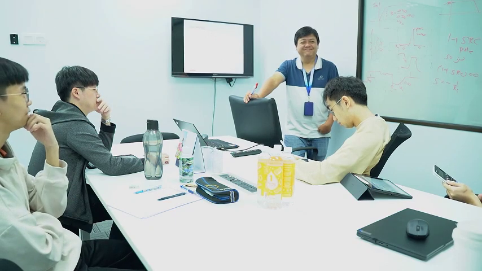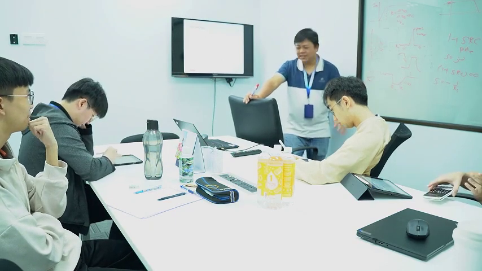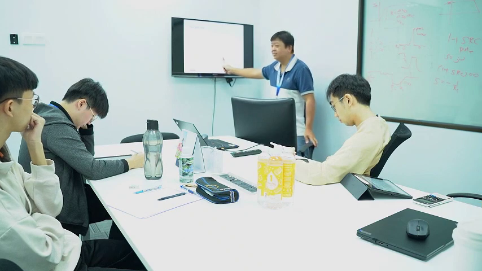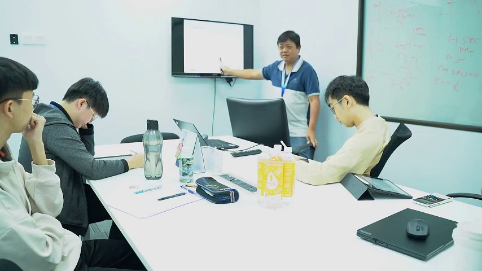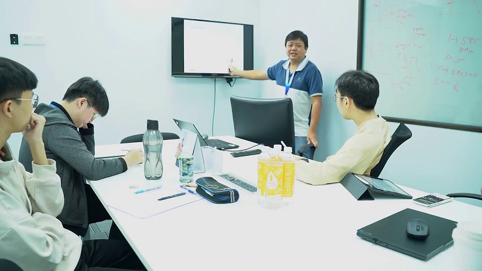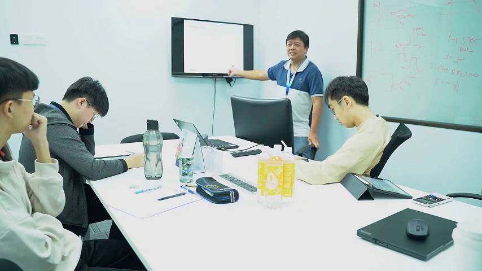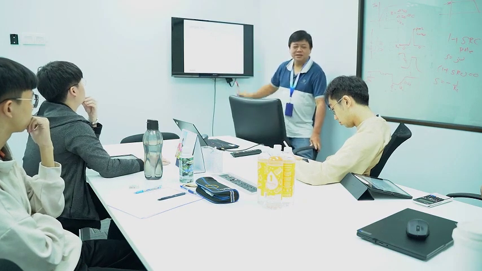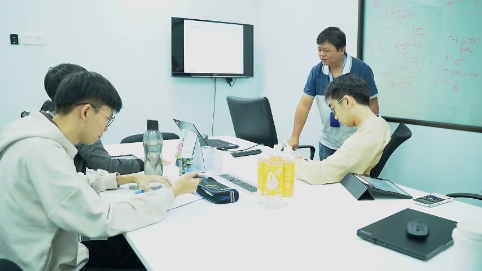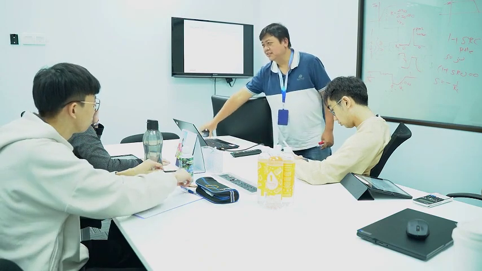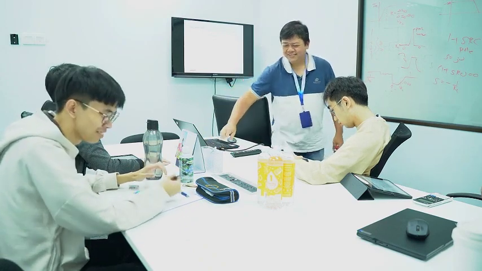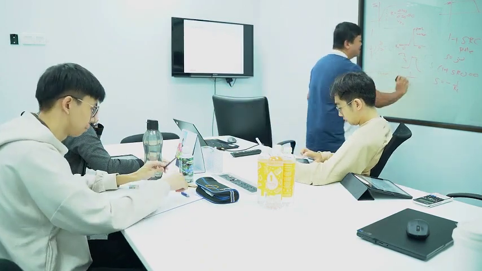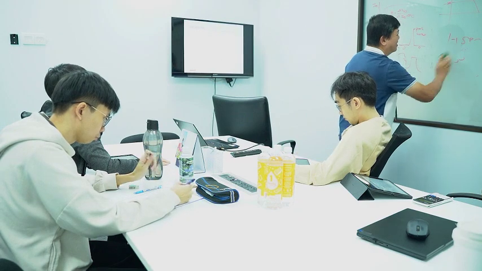Square root of 2. Everything comes from this formula. This simple formula will tell you why it is minus 3 dB. Actually, you need to do some magic on this formula, a little bit, then you can get the minus 3 dB.